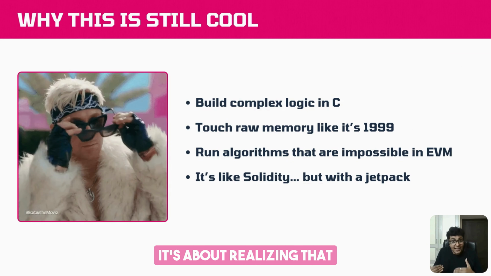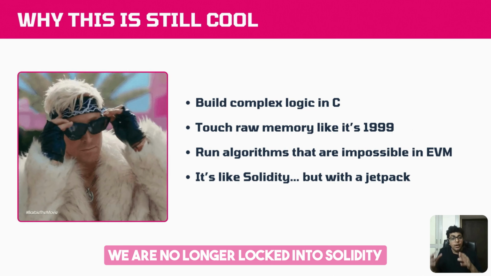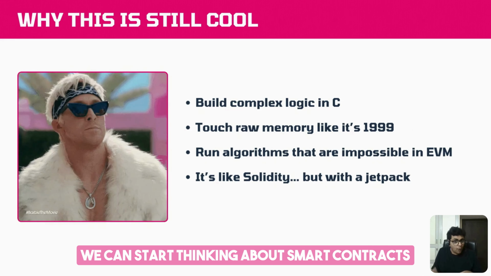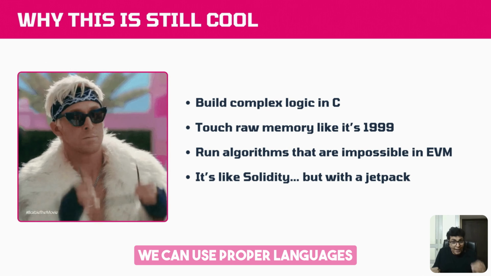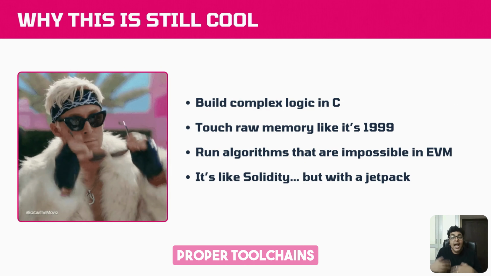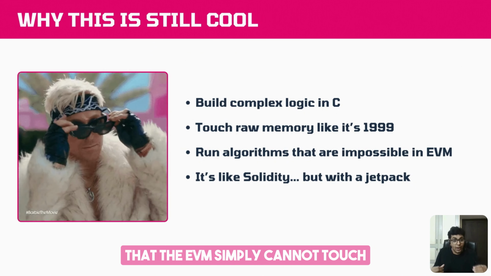It's about realizing that thanks to Nitro and Stylus, we are no longer locked into Solidity. We can start thinking about smart contracts as real programs. We can use proper languages, proper tool chains, and unlock performance levels that the EVM simply cannot touch.